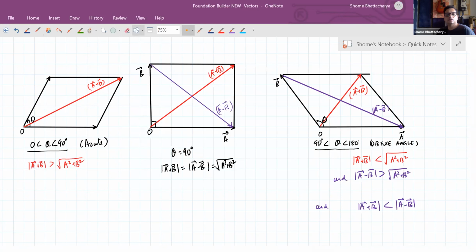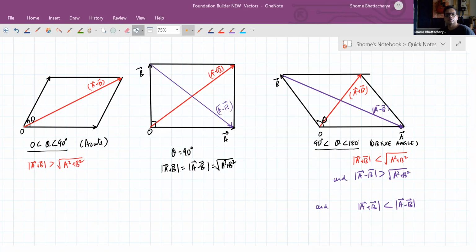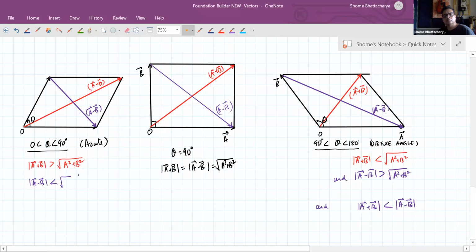Whereas on the other hand, the secondary diagonal, this has got shortened. So magnitude of a minus b is less than root of a square plus b square, and from that we have that a plus b is actually greater than a minus b's magnitude.